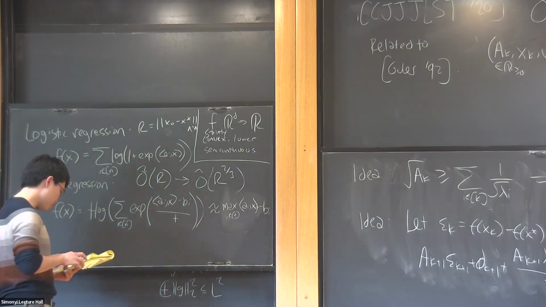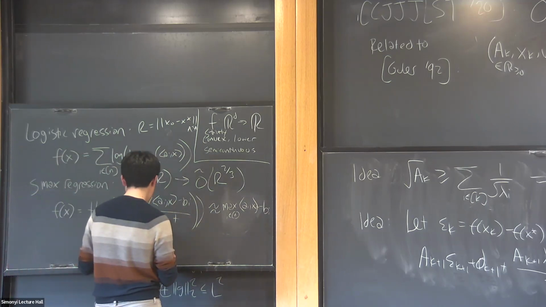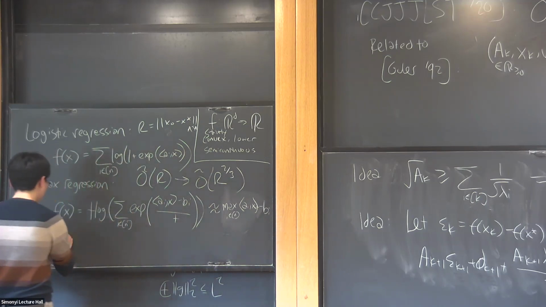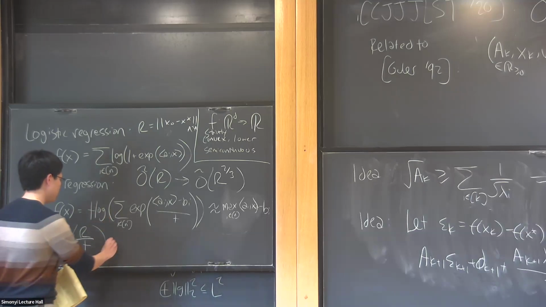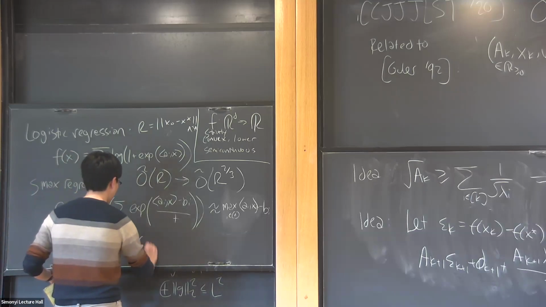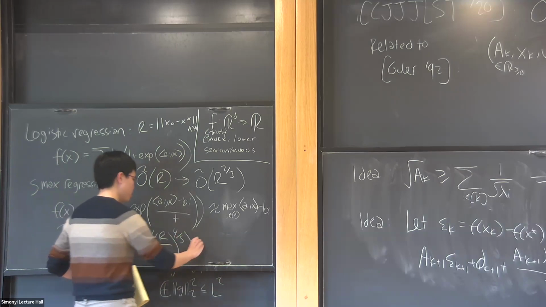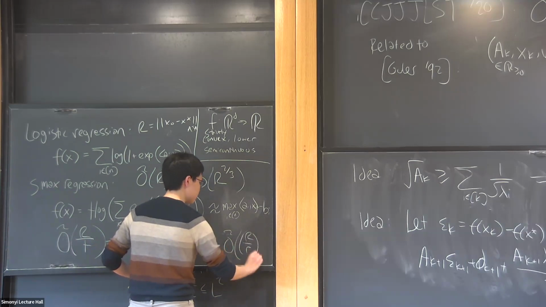And similarly, for the softmax example, the naive implementation of this gives you something like O tilde R over T, where T is the smoothness parameter. In 2019, Bollins and Pang showed that you can improve this to R over T to the 4/5. And then our work shows that you can improve this to R over T to the 2/3.